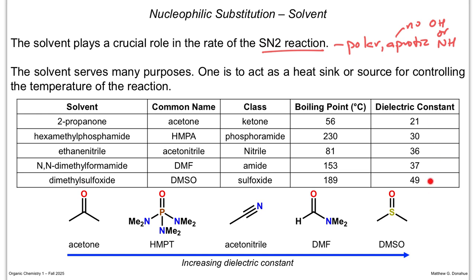So the larger this is, the more it increases the efficiency of the reaction. So DMF and DMSO are commonly used, but acetone and acetonitrile are kind of the first choice because the boiling point is lower and they're easier to get rid of.